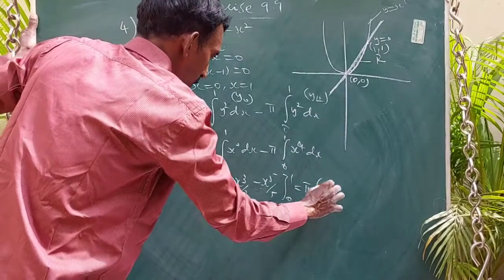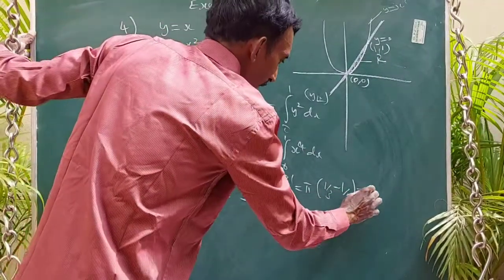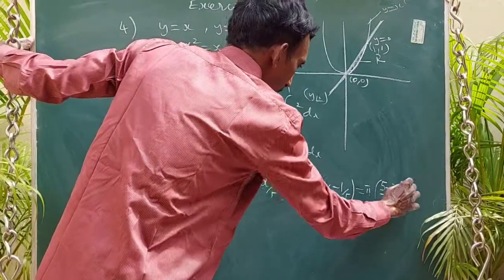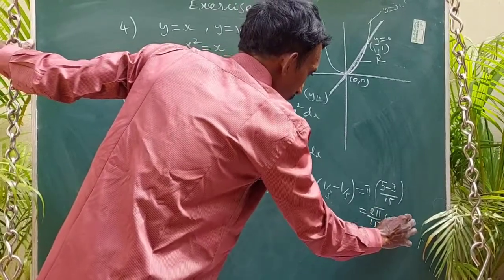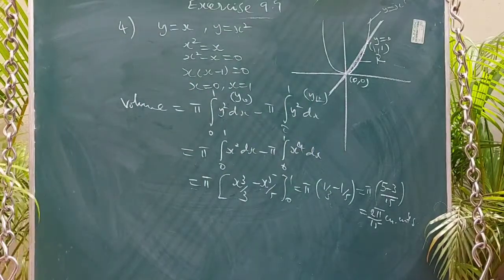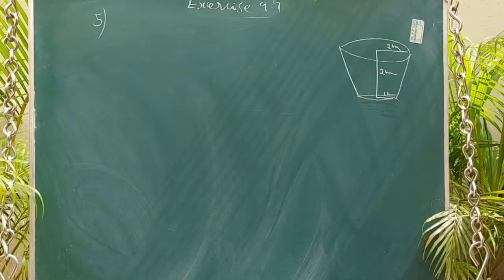So pi into 1 by 3 minus 1 by 5. Taking the LCM, 5 minus 3 by 15. So 2 pi by 15 cubic units. That is the answer for question number 4 in exercise 9.9.